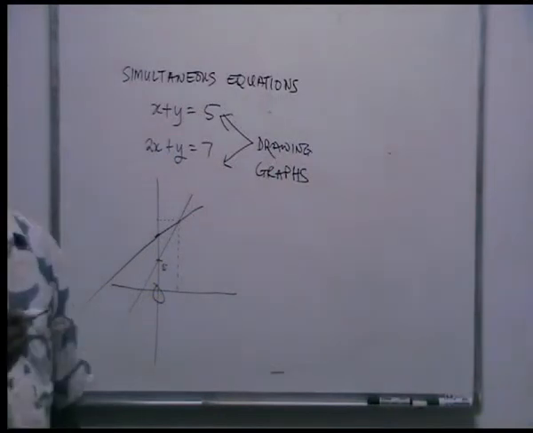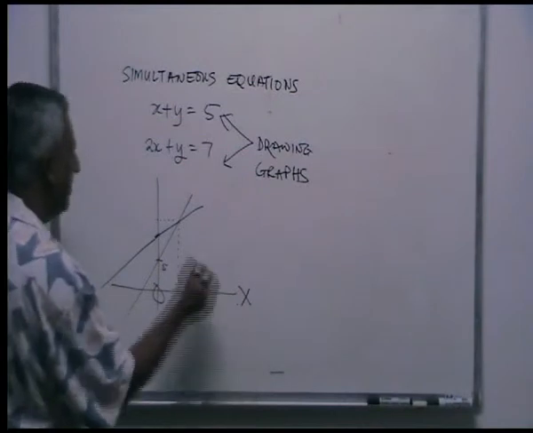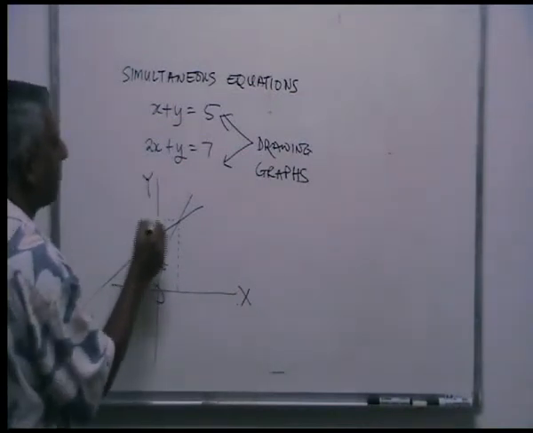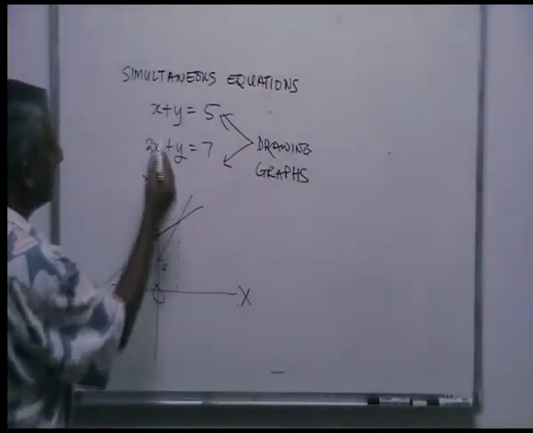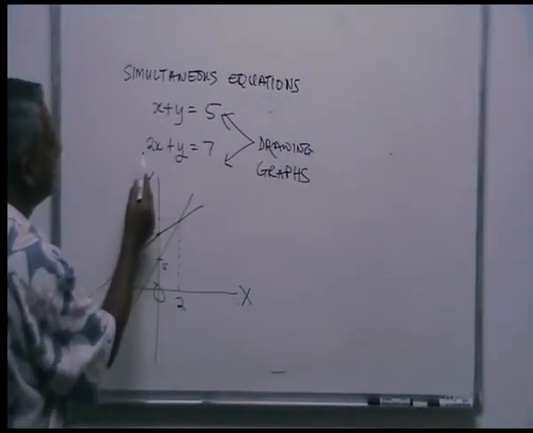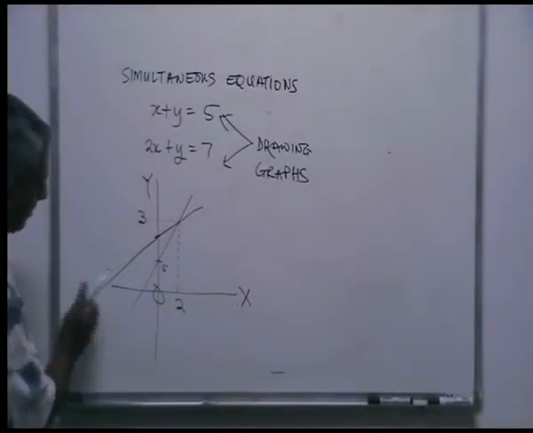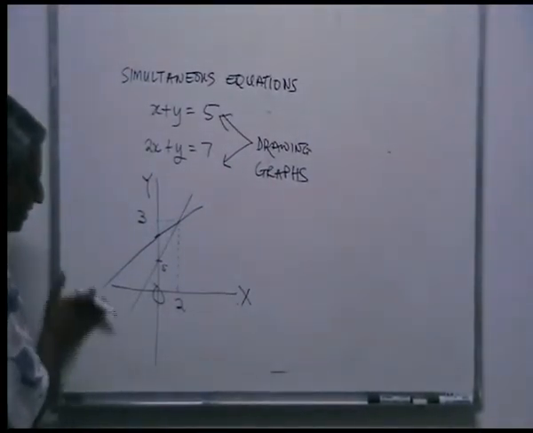And you'll find that you will get the answers. So what was our previous answer, if I remember right? You'll get your x value here, and you'll get your y value here. So this one will get 2, and you'll get 3. 2 plus 3 is 5, 2 twos is 4, plus 3 is 7. But don't worry about this now, we're not learning this method right now.